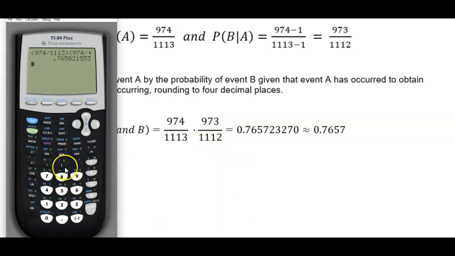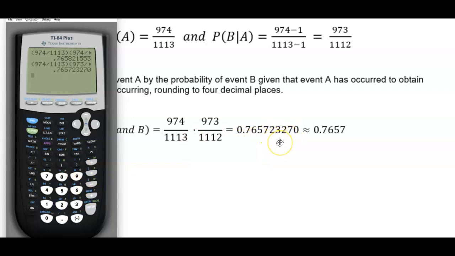So again, let's go ahead and do this on our calculator. So if we take the calculator of 974, make sure you have your left parenthesis, divided by 1,113, and then times 973 divided by 1,112, and that should give us this decimal here, 0.765723270.